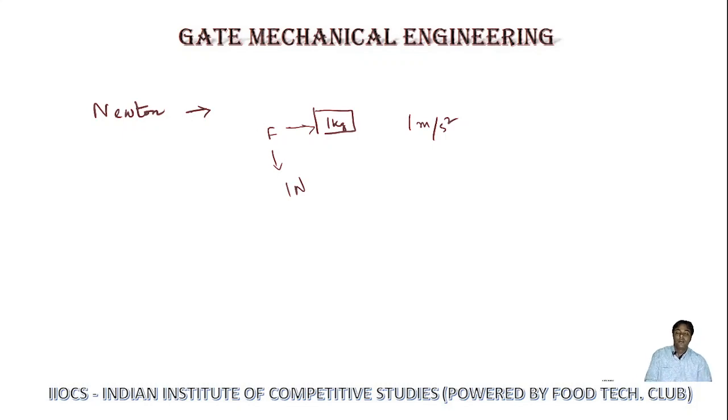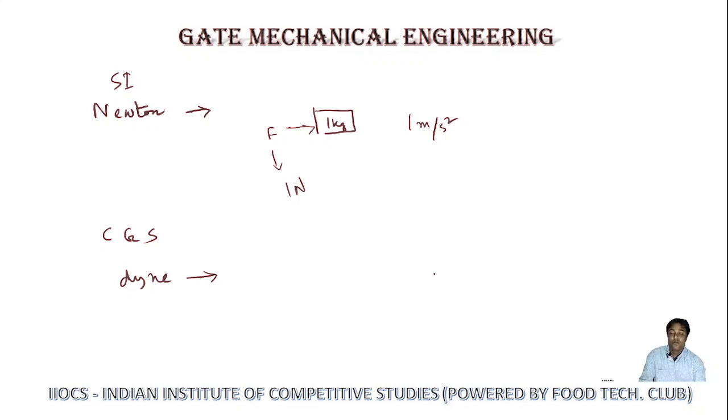Now in the same way you can define 1 dyne also. Newton is an SI unit, and dyne is a CGS unit. So how much force is called 1 dyne? All the things are the same, only in place of kg it will be gram, and in place of meter per second square it will be centimeter per second square.